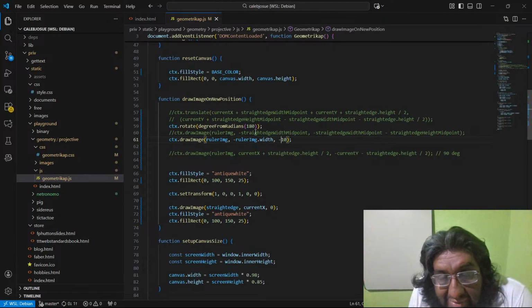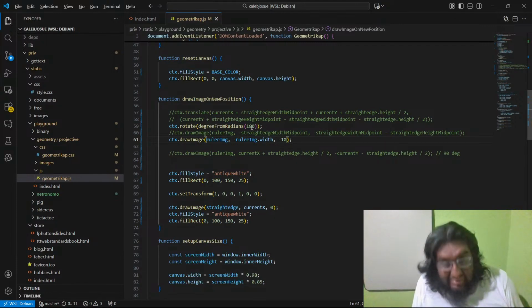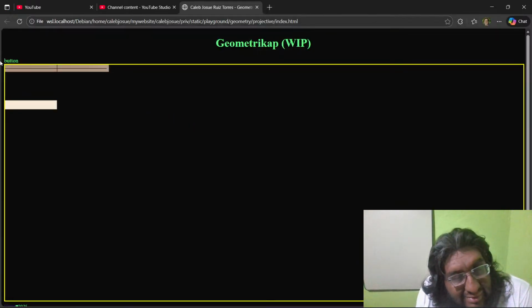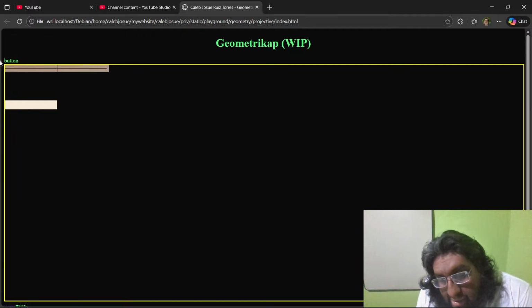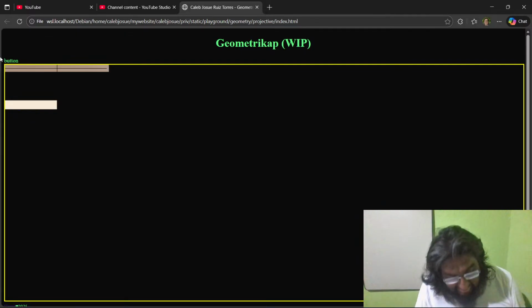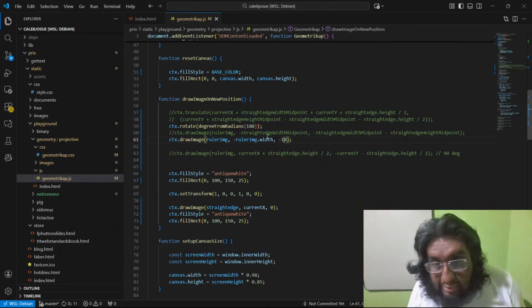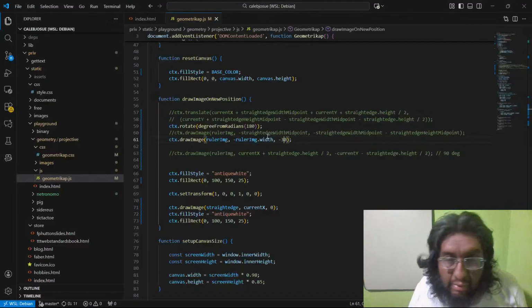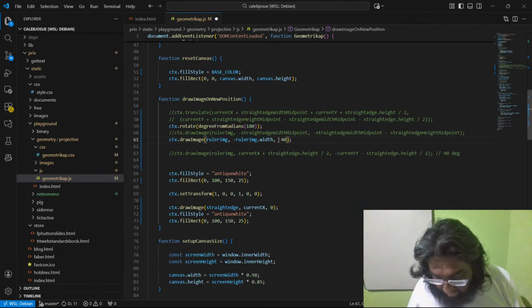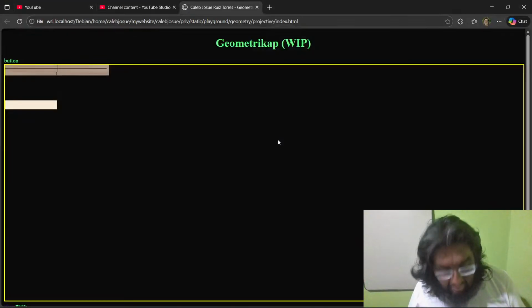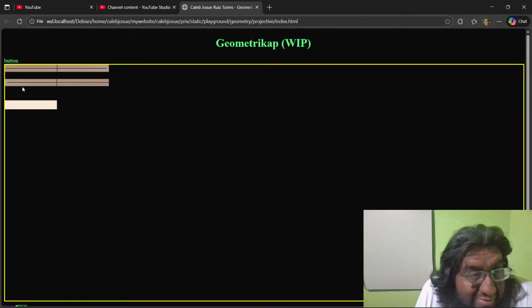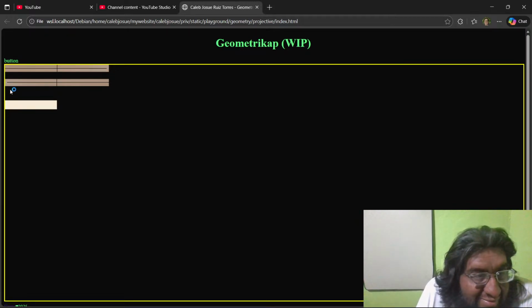Okay, now we have 180 degrees. We like this. Minus. Okay, so the rotation took place. You see that this space is now over here.